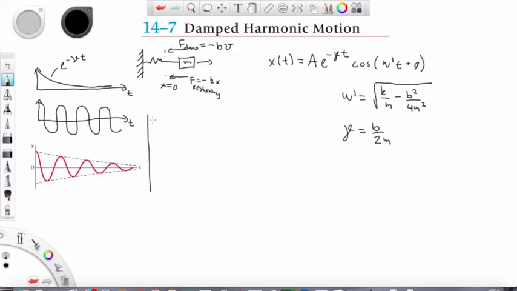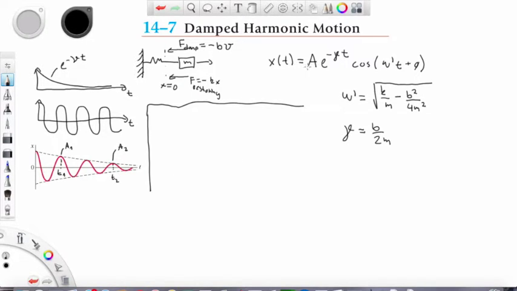So let's say we measure the height of the amplitude here. This is called A1, and sometime later the amplitude is A2. So this would be T1, and here we would be at T2.